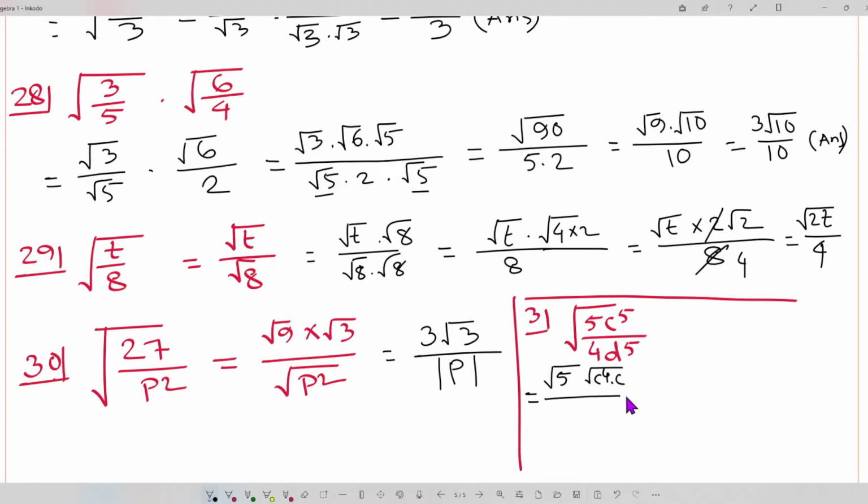Similarly, root 4 times d to the power 5 we can write d to the power 4 times d. Now look, this root 4 means 2 and here d to the power 4 square root means d squared, and here is root d, and root 5 times c to the power 4 means c squared and root c, right?